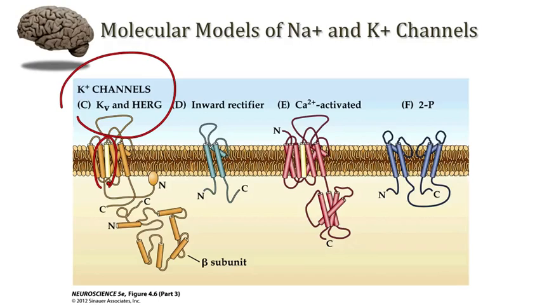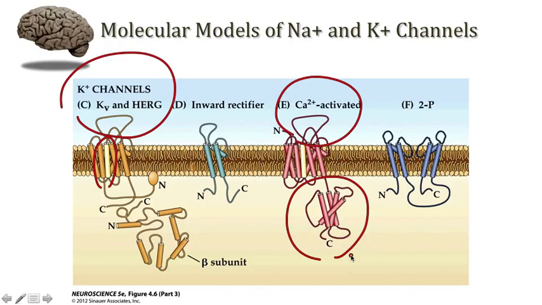But there are other kinds of ion channels that are sensitive to other factors, such as calcium within the cell. And that is attributable to a cytoplasmic portion of this integral membrane protein that can interact with calcium. And there's a large variety of other potassium channels that we won't mention at this point, but together they contribute to the exquisite regulation of excitability and the nature of electrical signals that neurons can generate.